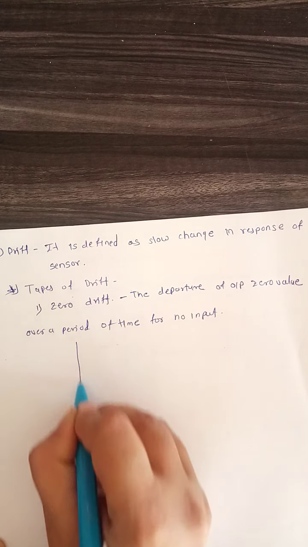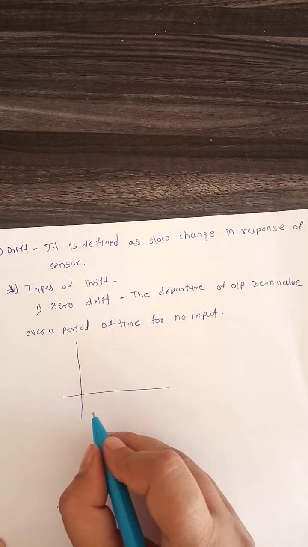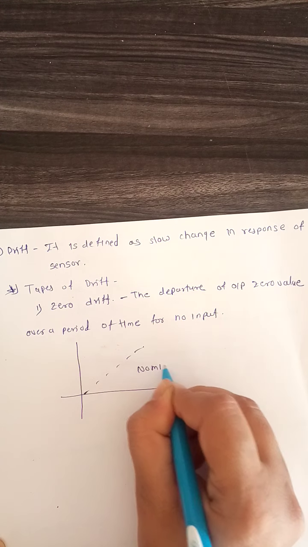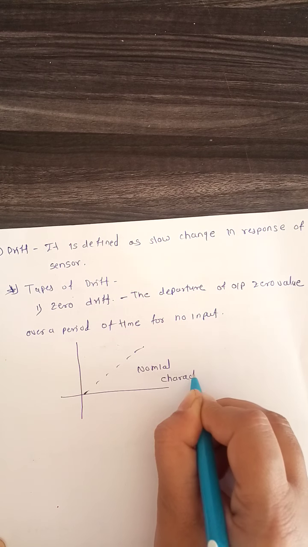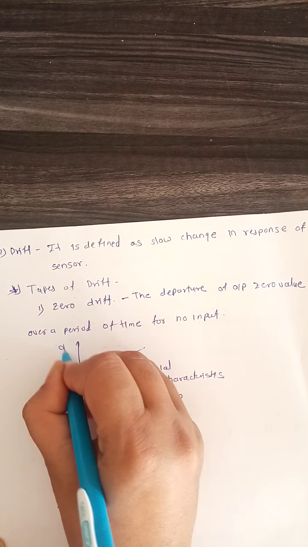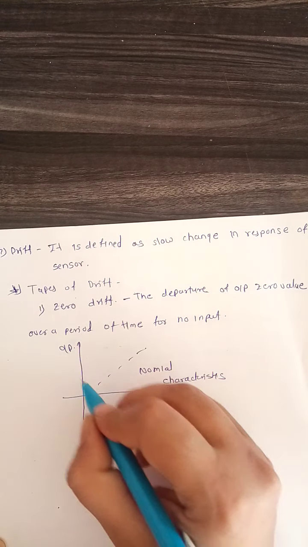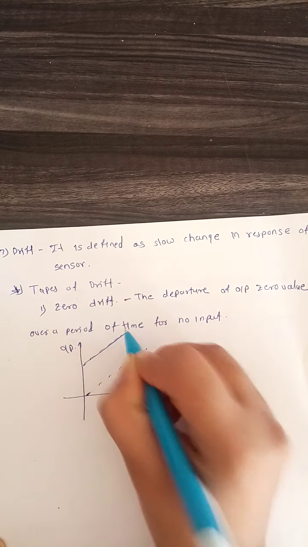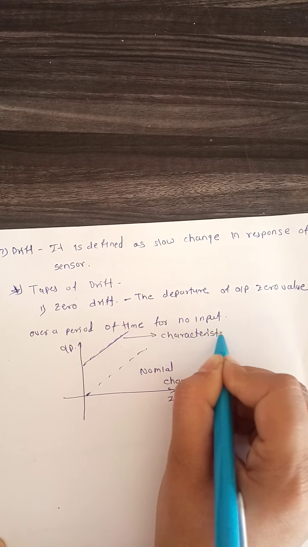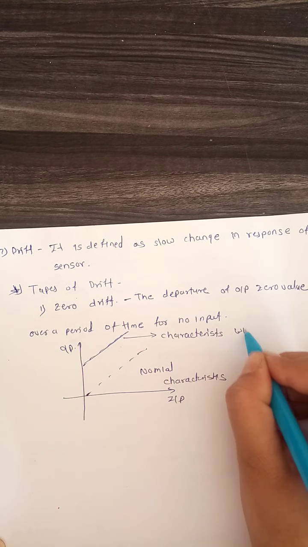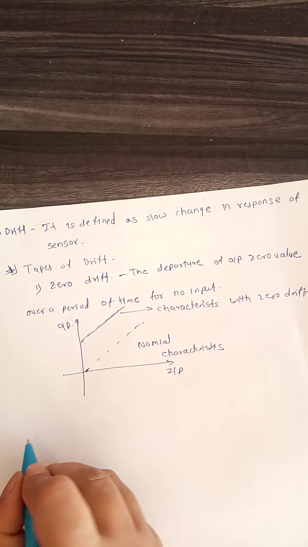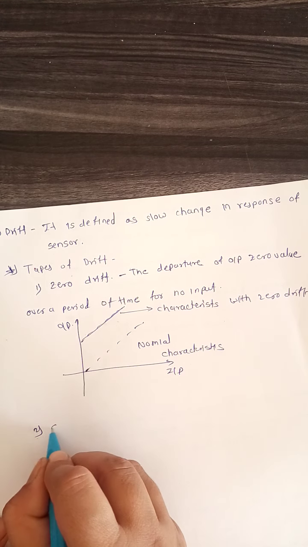What is the graph for the zero drift? This is the nominal characteristics, input and output, and this is the characteristics with zero drift. These are the zero drift. Then the second will be the span drift.